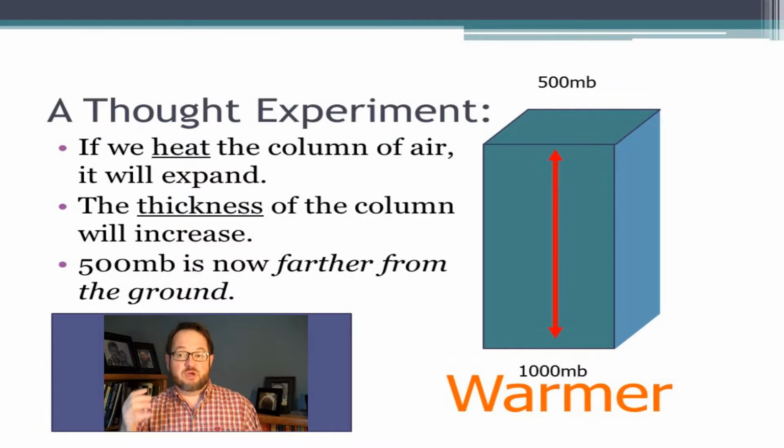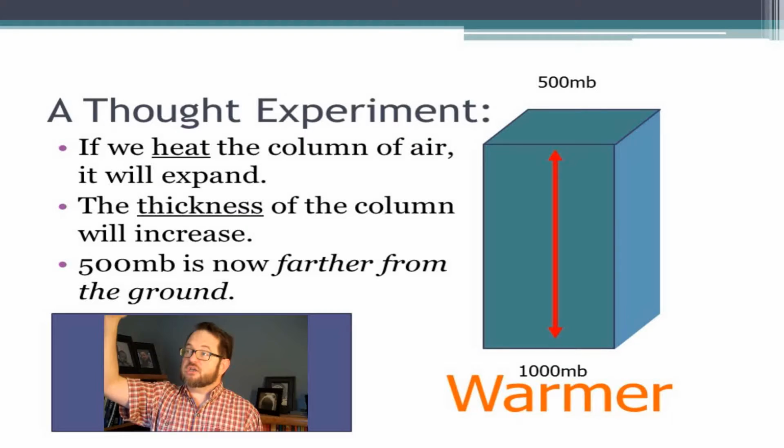And as a consequence, in the terminology that we use in the atmospheric sciences, we would say that the layer has become more thick. As we warmed the layer of the air, it has expanded, it has gotten more thick. There's a greater number of meters between the bottom and the top of the layer. Now, the bottom of the layer is still basically at the ground.